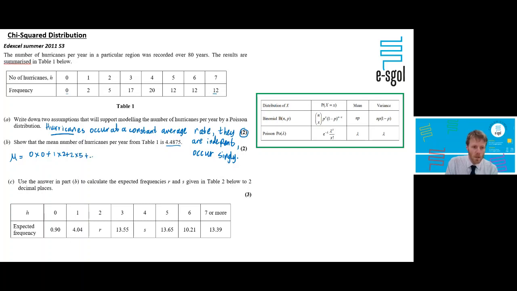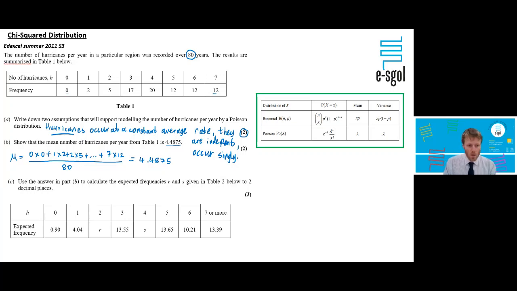And then you keep going all the way to the end, 7 times 12, divided by the total number of years. I think it says here we're looking at 80 years, so we're dividing it by 80 years. That gives us 4.4875.